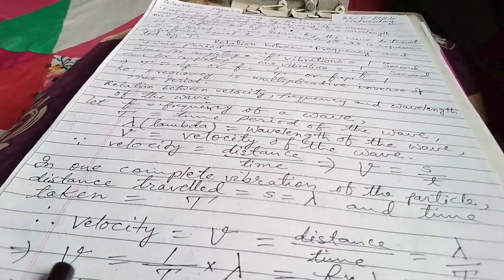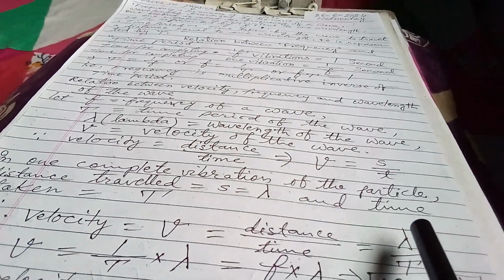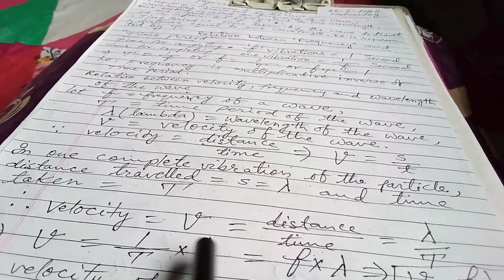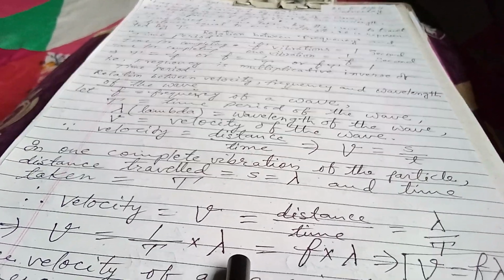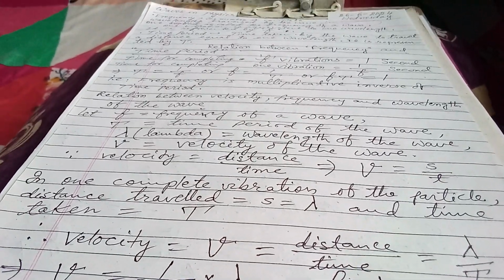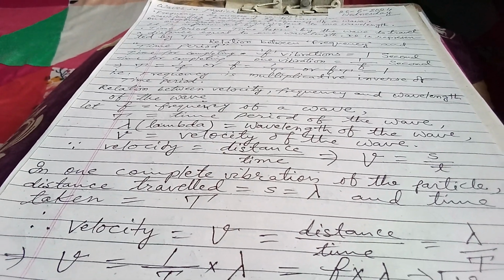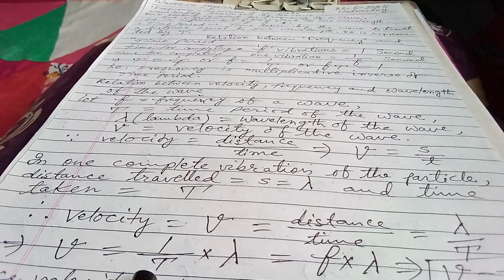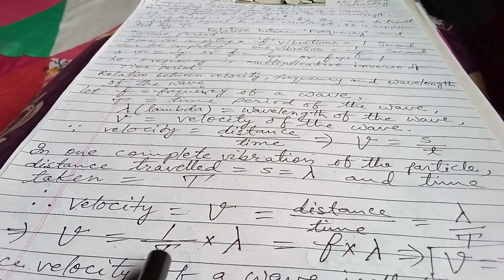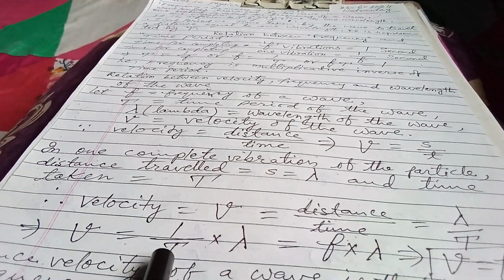So this implies v equals, and this can be separated as lambda into 1 by T. And just now we have seen that frequency is the reciprocal of time period. So 1 by T means frequency.